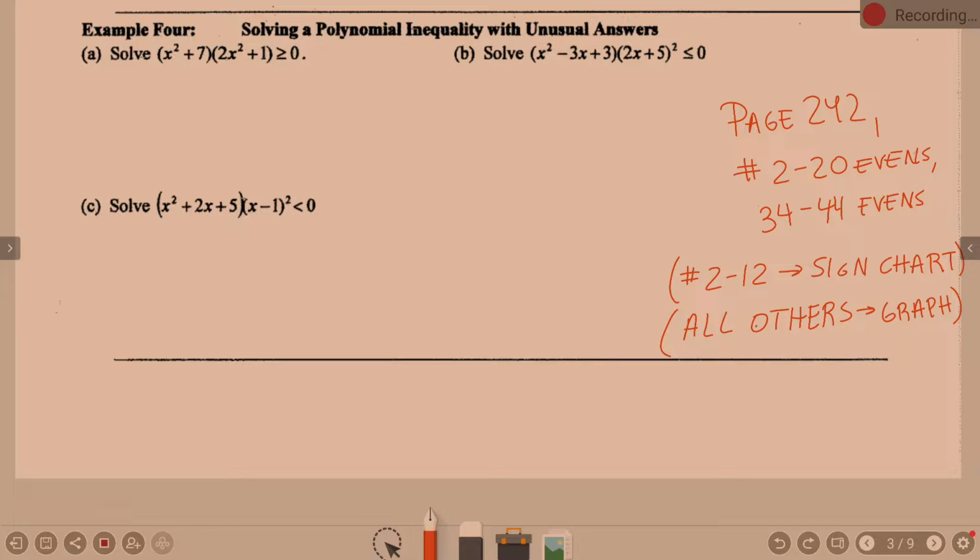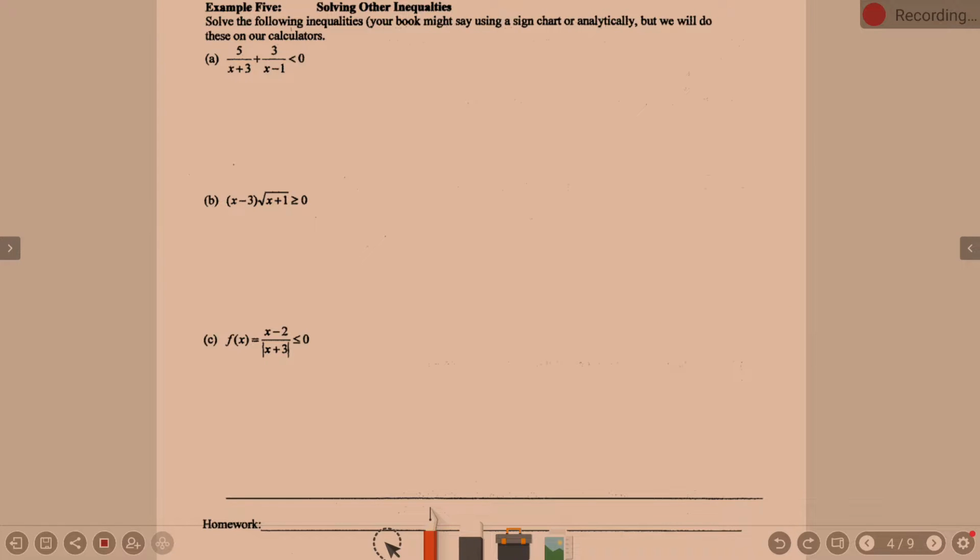Questions for me? I will say, when you get to the back side, you will have to think about, for instance, this one would have some vertical asymptotes.